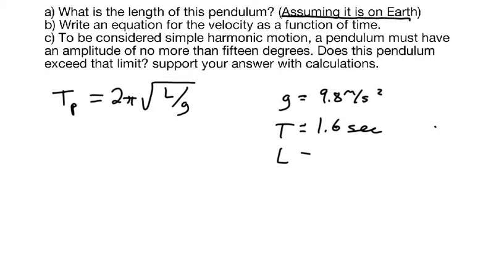So I can rearrange this equation to solve for L. I get Tp over 2 pi, and then I'll, whoops, not square root, but square both sides, and then multiply by g, and that gets me L all by itself.